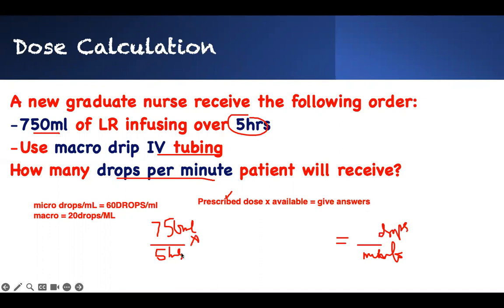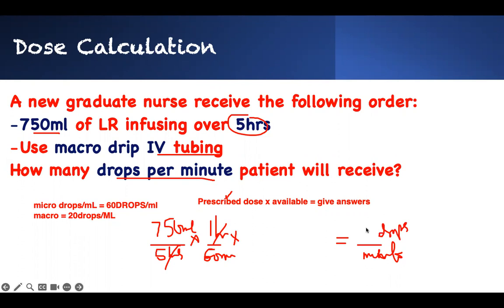Now, if I need minutes, I need to convert these 5 hours into minutes. So I have 1 hour here is equal to what? 60 minutes. That means the hour cancels. Then I bring in my available dose. What is the available dose? It's the macro. The macro, I told you, is 20.